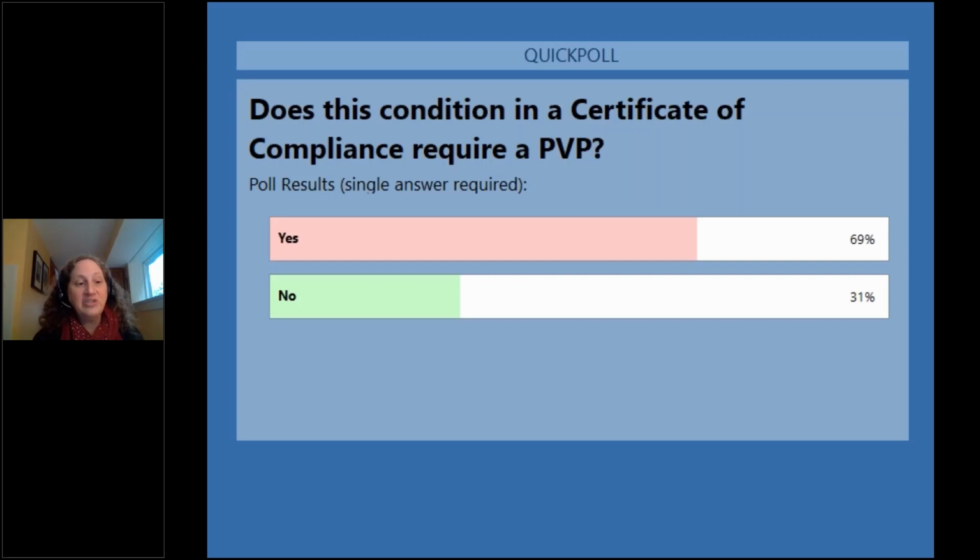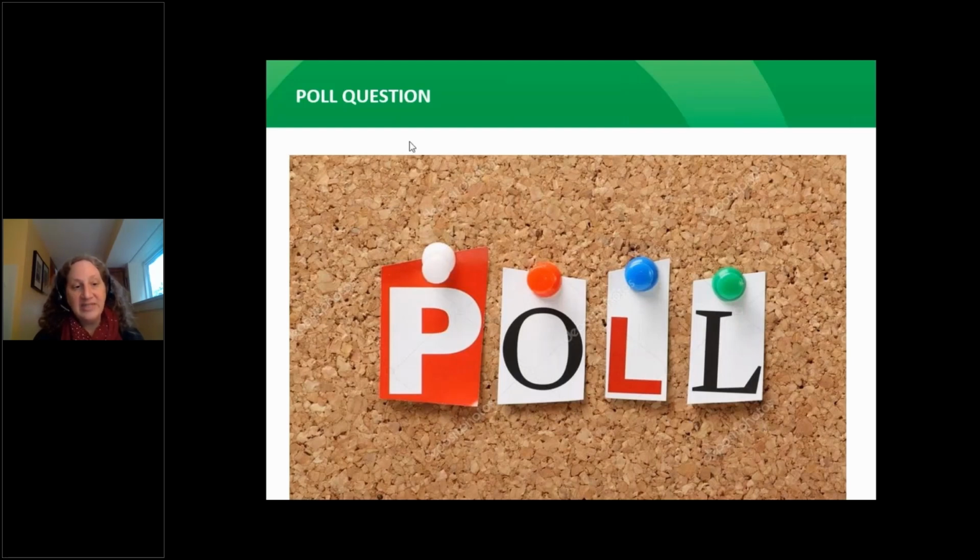A PVP is required to help ensure that this condition remains in place. The PVP should include an annual inspection of any soil caps or permanent barriers in place to make sure no one removed part of it or that it is in suitable condition to prevent risk of exposure. It should also include mandatory documentation of any disturbance of soil that may have occurred on the site.